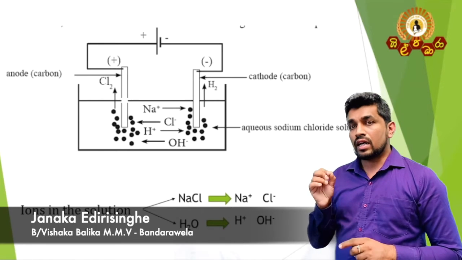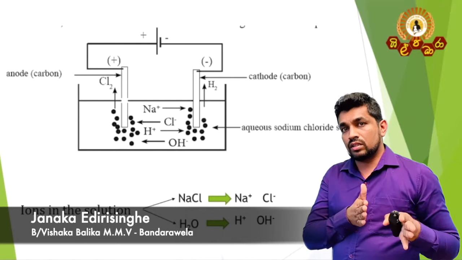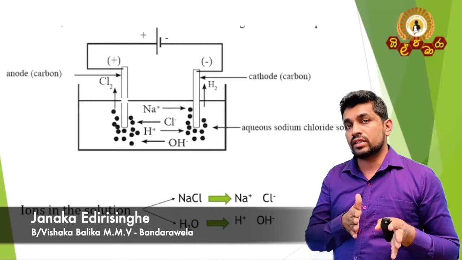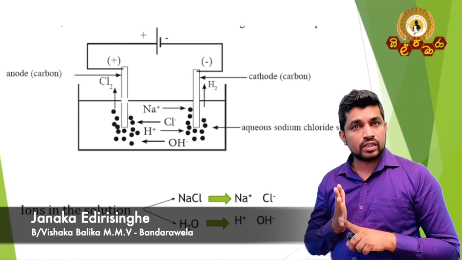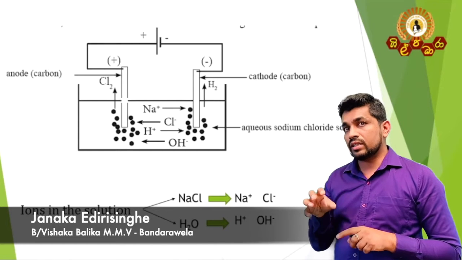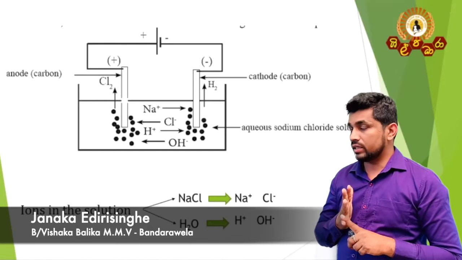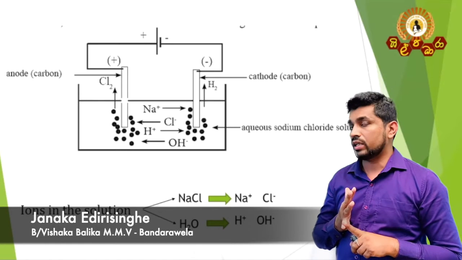Right? Then two negative ions reach the positive terminal. One is the chloride ion, and the other is the hydroxyl ion. Among these, which one is most active here? The most active ion is from the halogens, the group 7 elements. That means chloride ions.